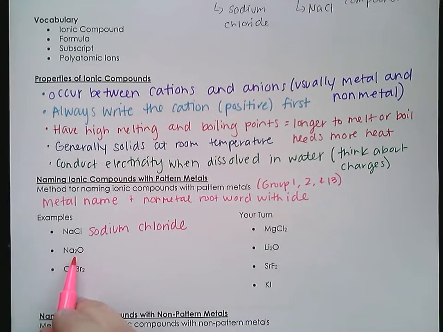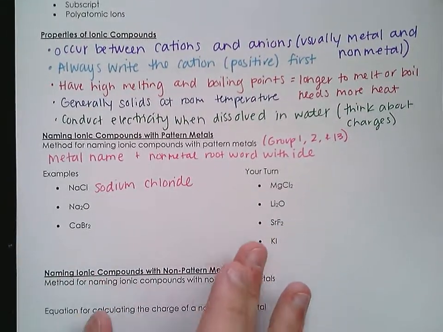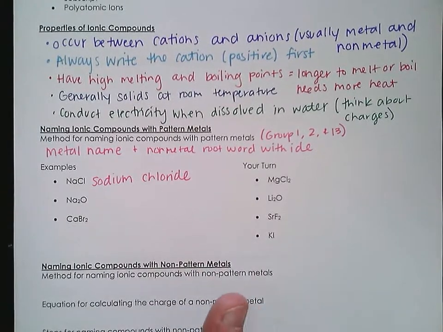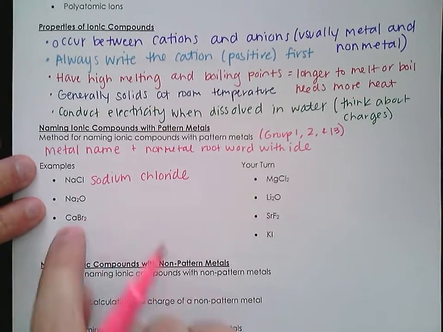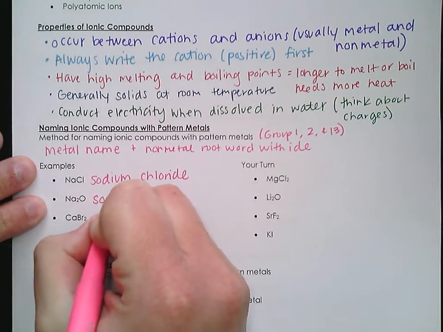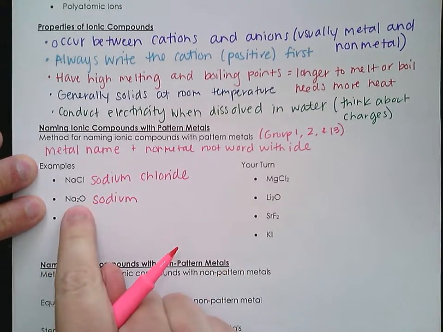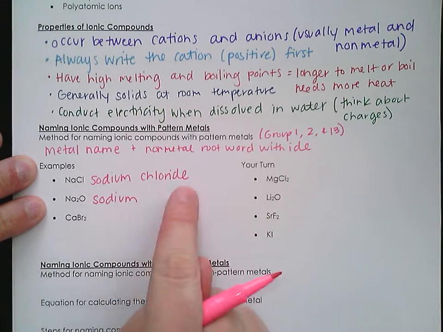Na2O, we'll talk about why we have that subscript of 2 in just a second, but let's just look at the name. So Na is still sodium. My root word for oxygen is ox, and I need to add my IDE.